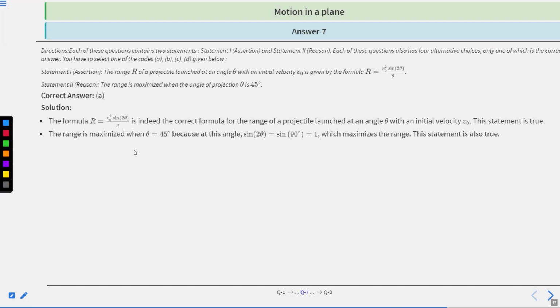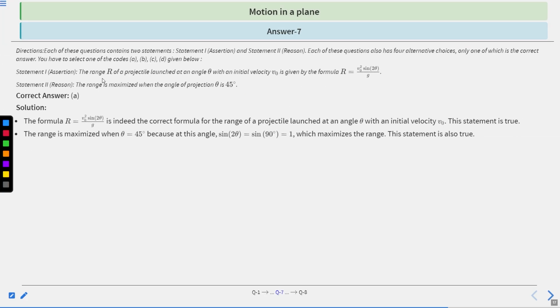Let's find the solution. According to the question, the range given is R equals v naught square sine 2 theta divided by g, and the range is maximized when the angle of projection theta is 45 degrees. This is indeed the correct formula for the range of a projectile launched at an angle theta with initial velocity v naught, so this statement is true.